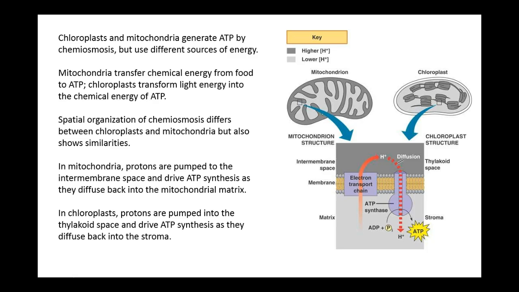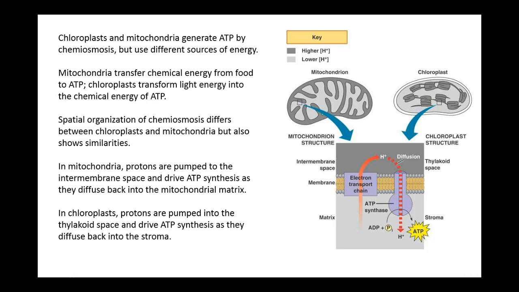They use that light energy, so the light energy into chemical energy. We take the chemical energy of food that some autotroph made and transfer that into ATP. Spatial organization of chemiosmosis differs between the two, but also has similarities.